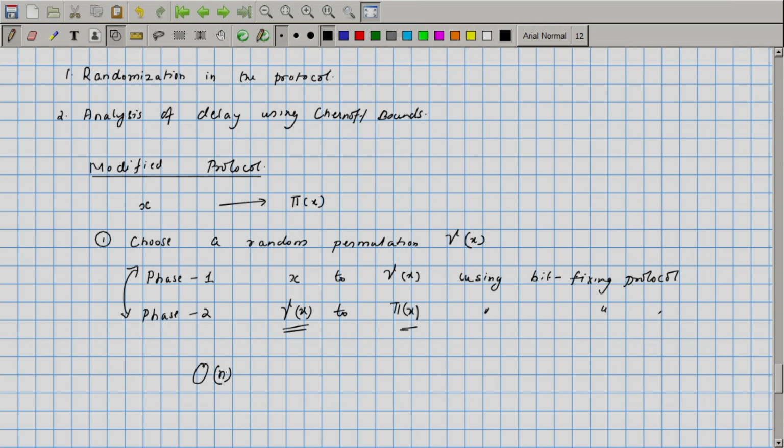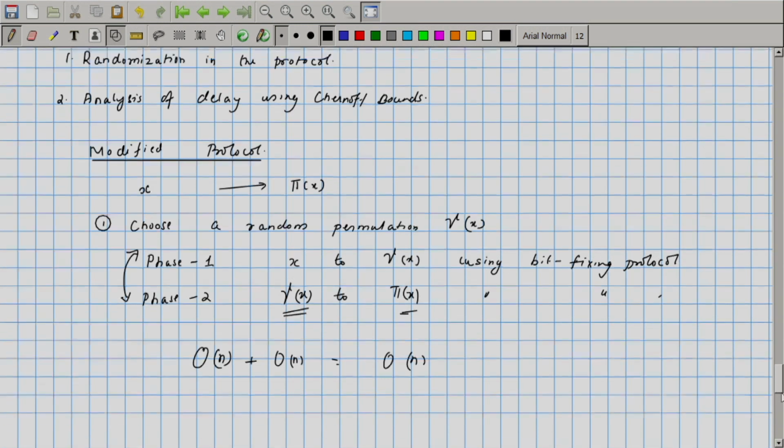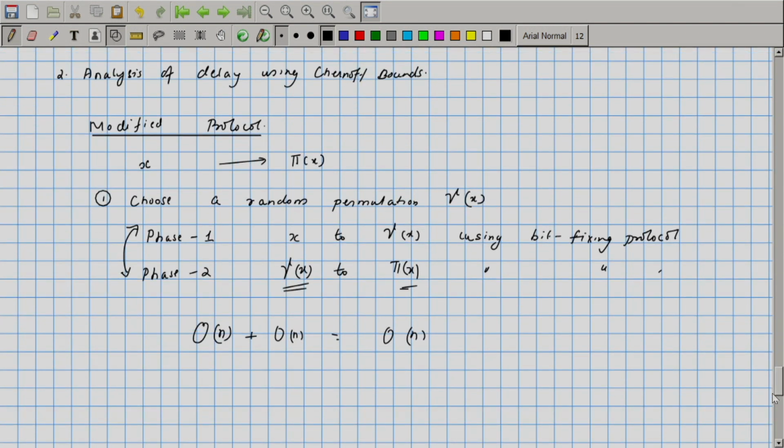The chance that some packet has not completed its travel from its source to the destination gamma x, we will show, is very small. After that we begin phase 2, which is another instance of random permutation routing. So, the total time will be O(n) plus O(n), which is again O(n). Okay. So, that is the modified bit fixing protocol. We will continue with the analysis of this in the next lecture.